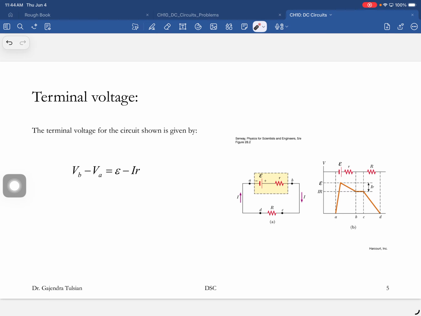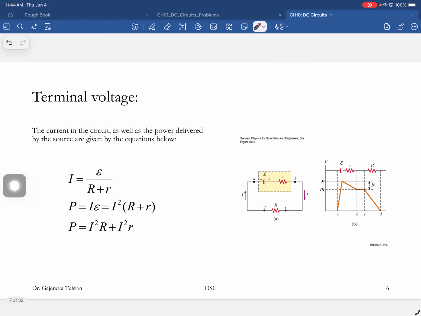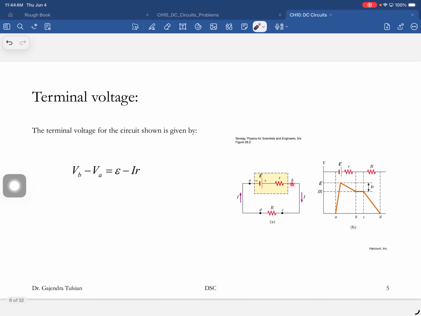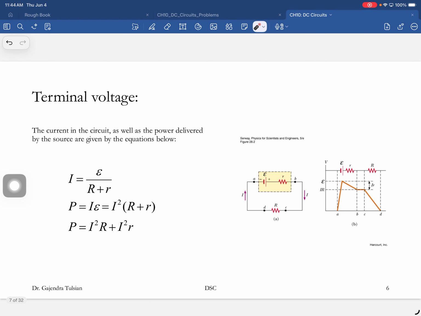So that's a dead battery. Okay. So that's another way of looking at it. All right, so this voltage, what you see outside on the battery, is called the terminal voltage. And it's always less than the maximum voltage that the battery can provide, which is known as the EMF of the battery.